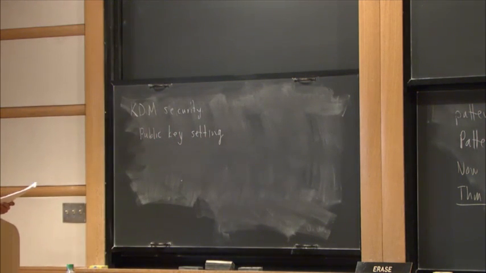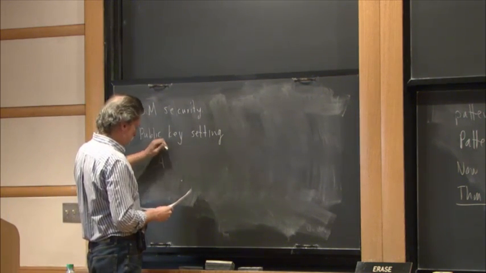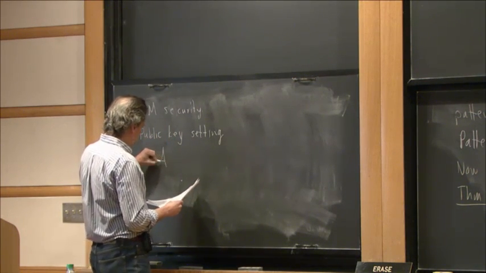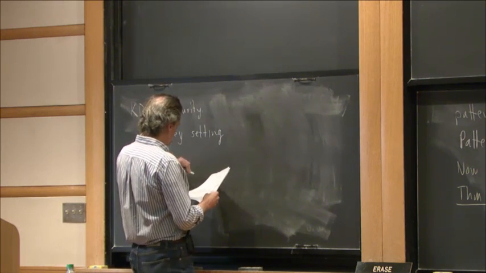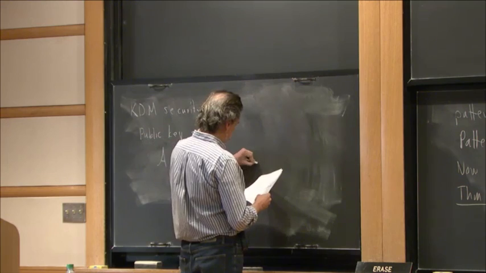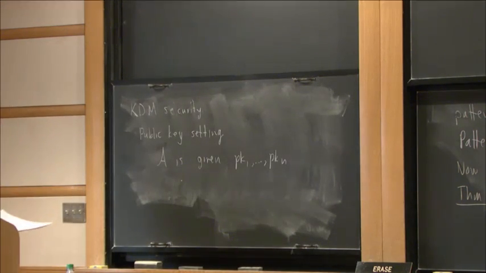And so basically, we can define security in this setting as follows. So we think of having a game with an adversary where the adversary is in one of two worlds. So the adversary knows a collection of public keys, but the adversary doesn't know the corresponding secret keys.